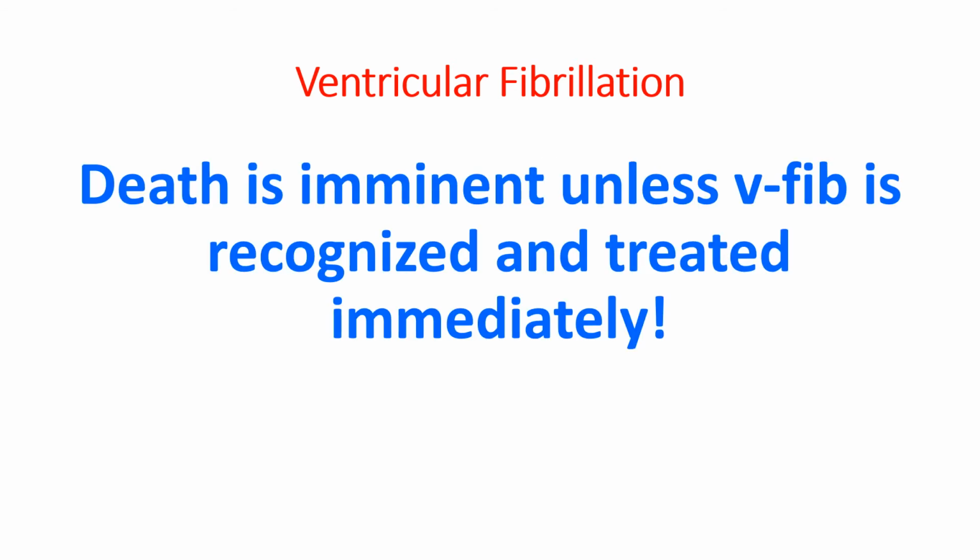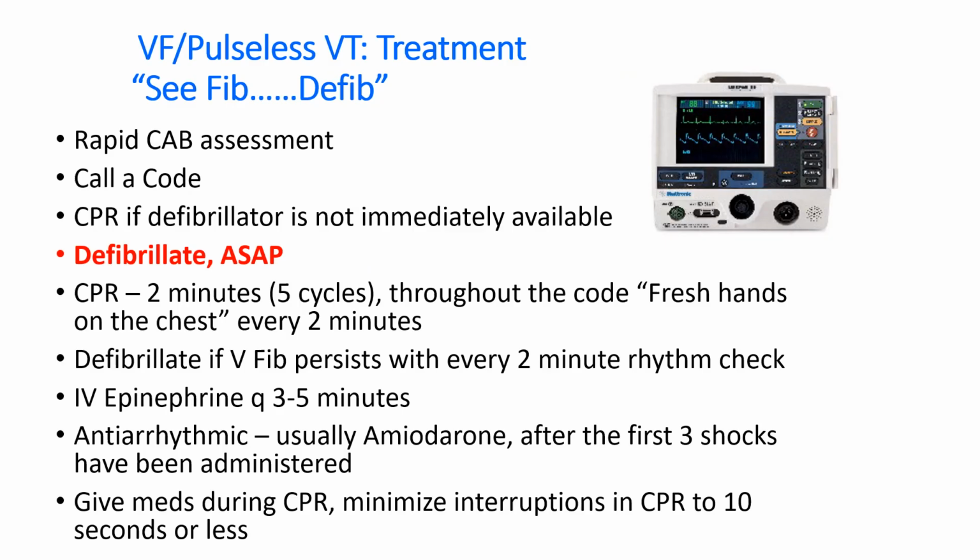With V-fib, death is imminent unless V-fib is recognized and treated immediately. So your treatment is, if you see fib, defib. V-fib, defib. You need to rapidly assess the CAB, circulation, airway, breathing, and call a code.